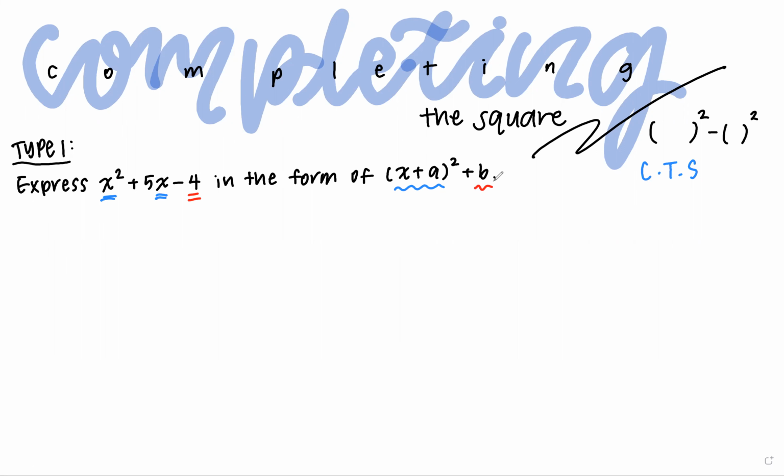The one in blue are all the unknowns, meaning the x terms, and the one in red is the non-x term. So it brings all the x terms into one bracket, and this is called a non-x term, which is basically called a constant.